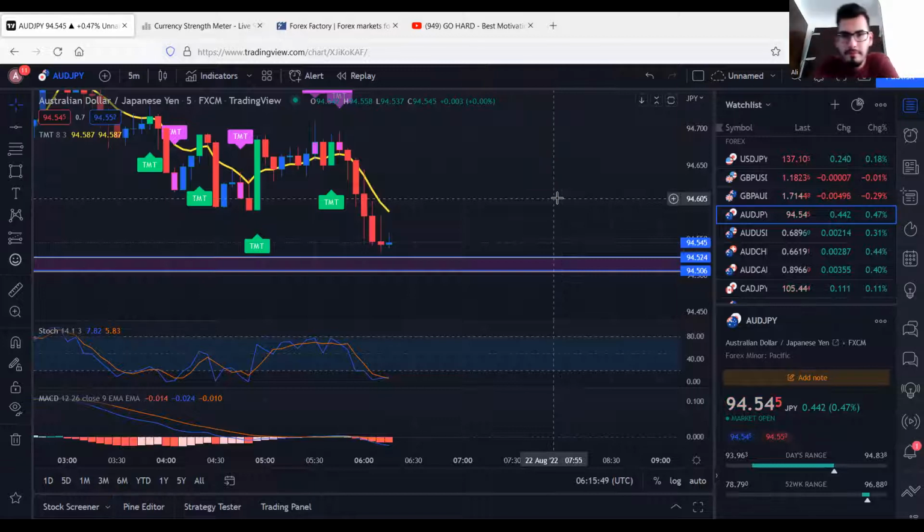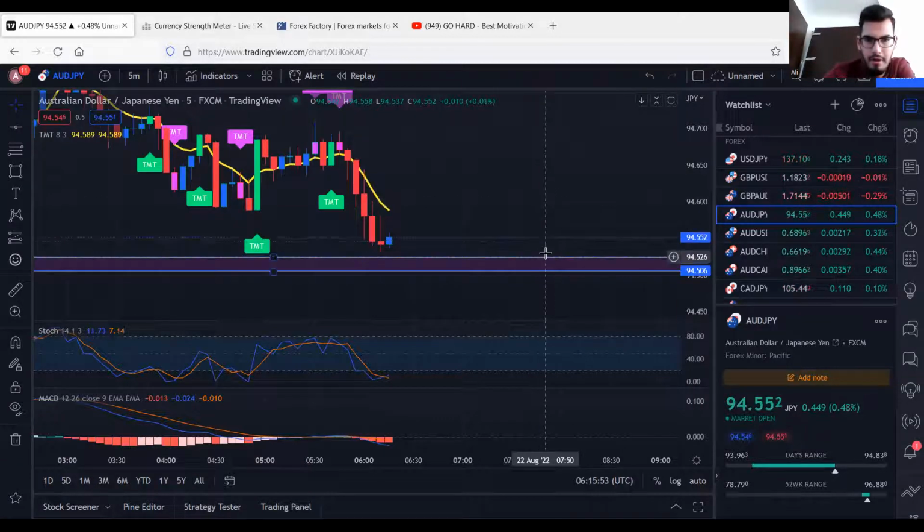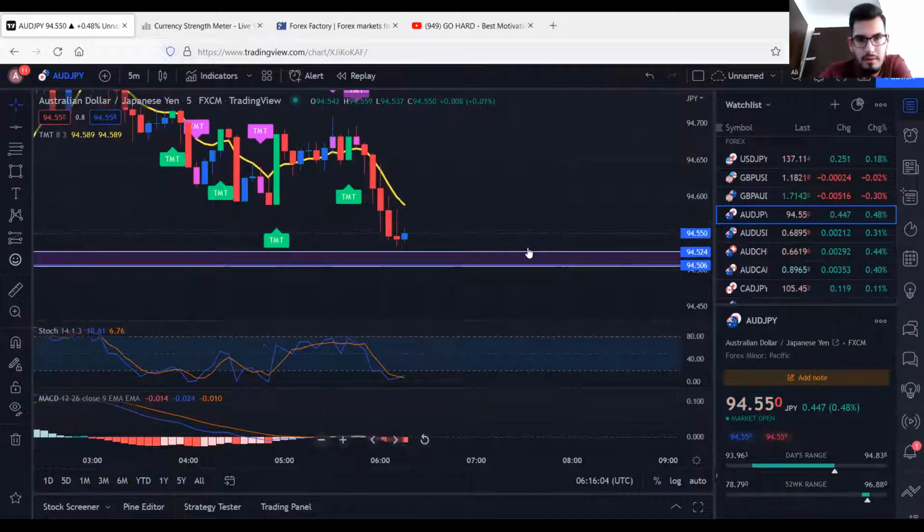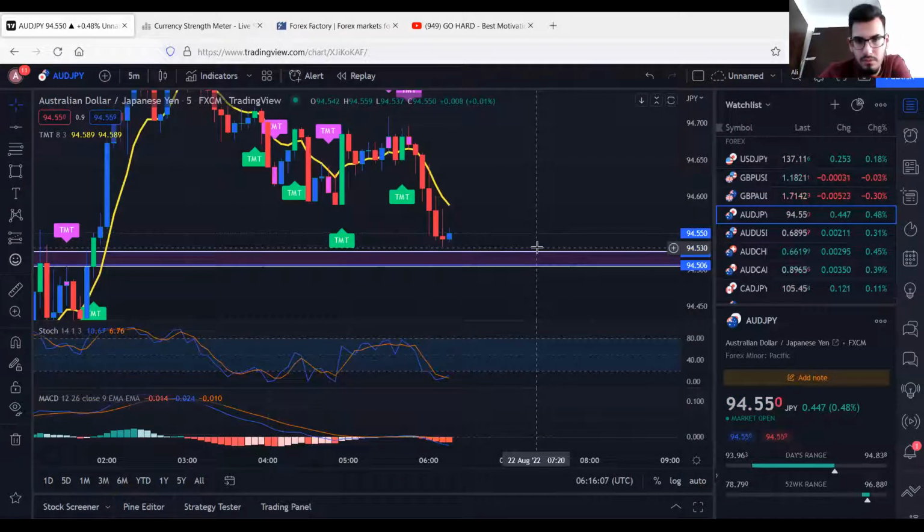Because what I do is, if a candle doesn't fully touch my area, if it's like a couple of points away, I would still count it. But this wasn't that close to my area, so it would be fair if I don't count it. It was literally a couple of points away.